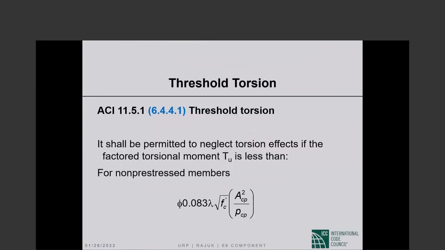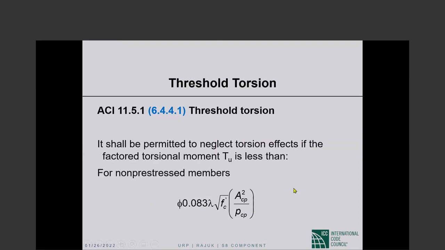And this threshold torsion, this whole concept you have to understand. It shall be permitted to neglect torsion if the factored torsional moment T sub u is less than, for non-pre-stressed members, this expression for the threshold torque.